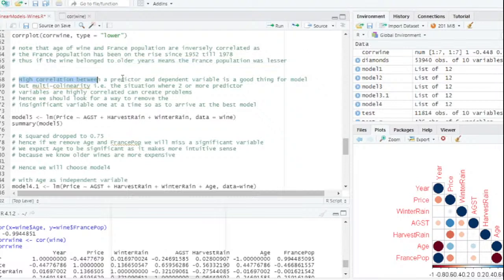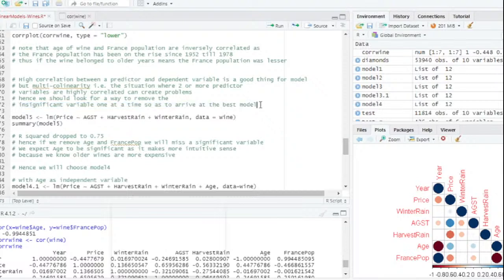A higher correlation between predictor and dependent variable is a good thing for the model, but multicollinearity is not a good thing, right? Variables that are highly correlated can create problems. This is all about multicollinearity that I have discussed. Hence, we should look for a way to remove them, removing insignificant variables one at a time so as to arrive at the best model.